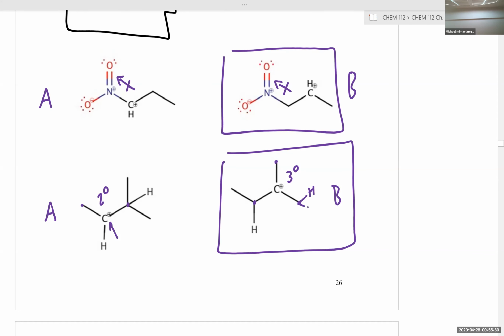So then, if we draw out all the hydrogens, we can see very clearly that carbocation B will be more stabilized by hyperconjugation versus carbocation A, just because there are more adjacent sigma bonds that can overlap with our carbocation p orbital. In general, carbocations are more stable with increasing substitution. Does that make sense? Perfect.